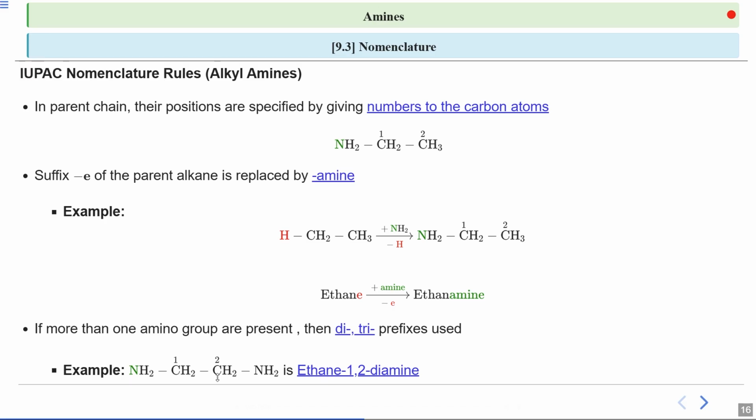So how will you name the compound? It is ethane-1,2-diamine. Di because 2 amino groups are there, and 1,2 shows the position of these NH2 groups, or amino groups. So this is ethane-1,2-diamine.